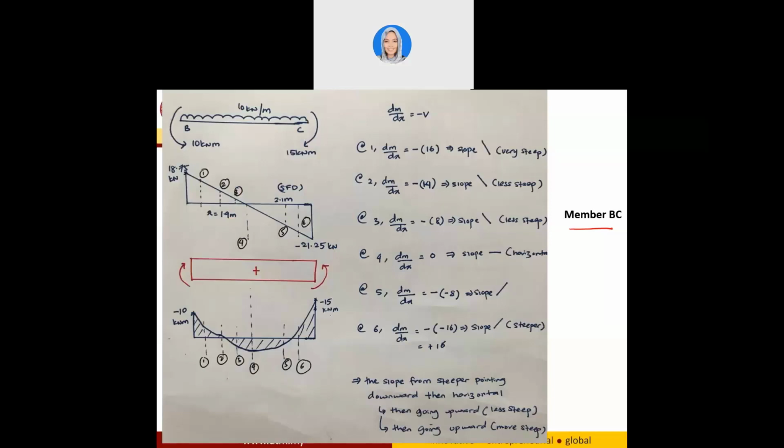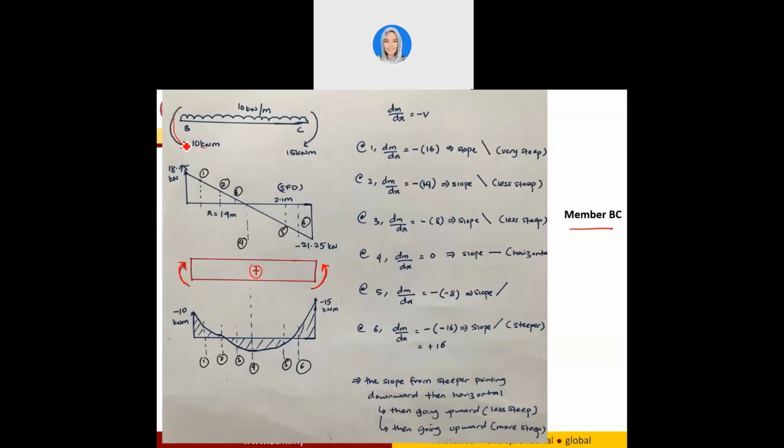We look into our guidance to produce the bending moment. It mentions that if you have a clockwise moment at this end and an anti-clockwise moment at the other end, it is going to be a positive moment. We have a counterclockwise moment at this point, 10 kilonewton meter.